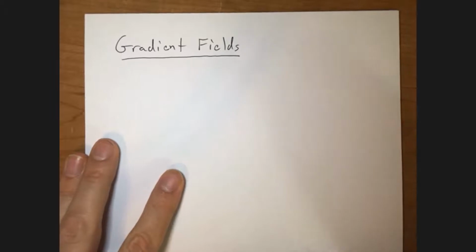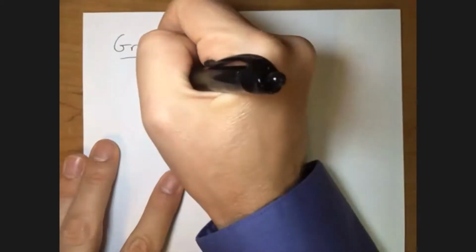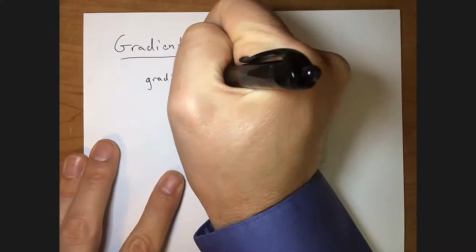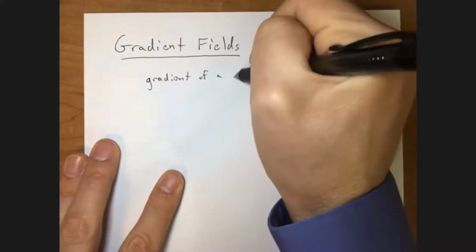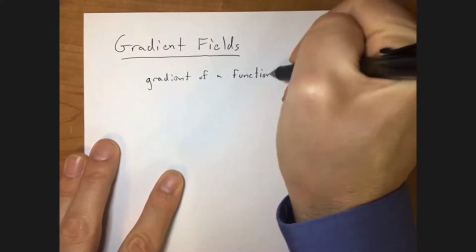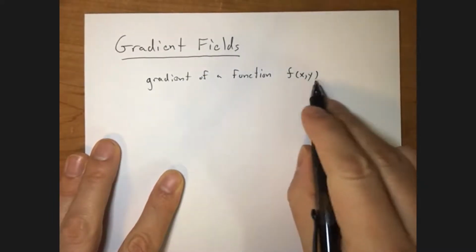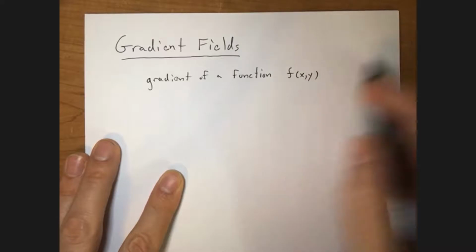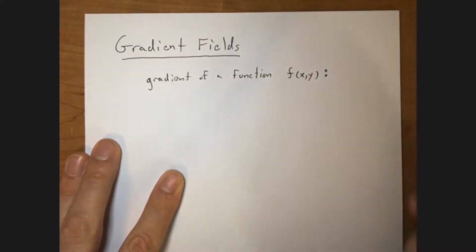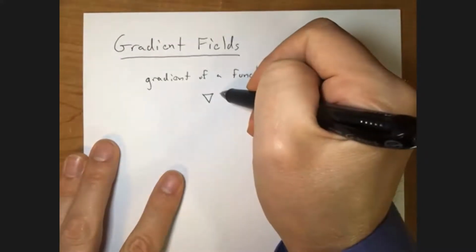The gradient of a function, let's just think of a function of 2 variables, we denote by this triangle symbol here, the gradient symbol.